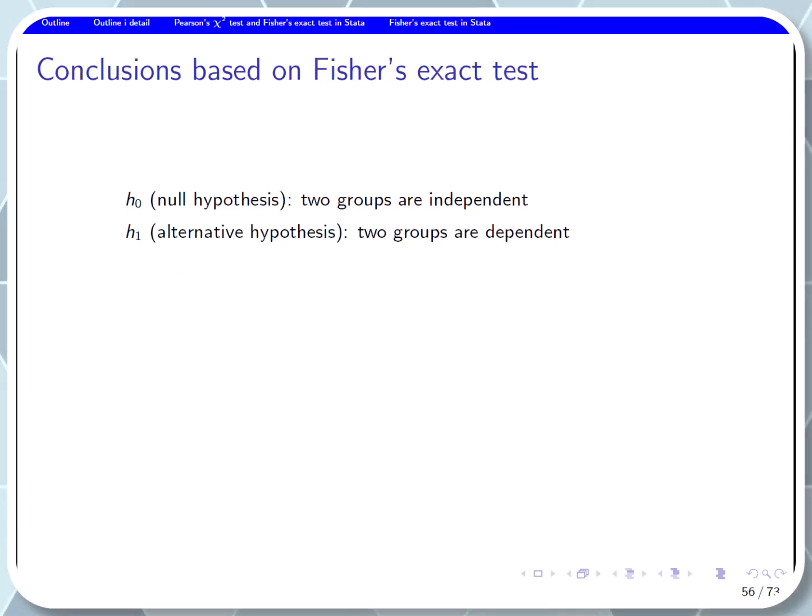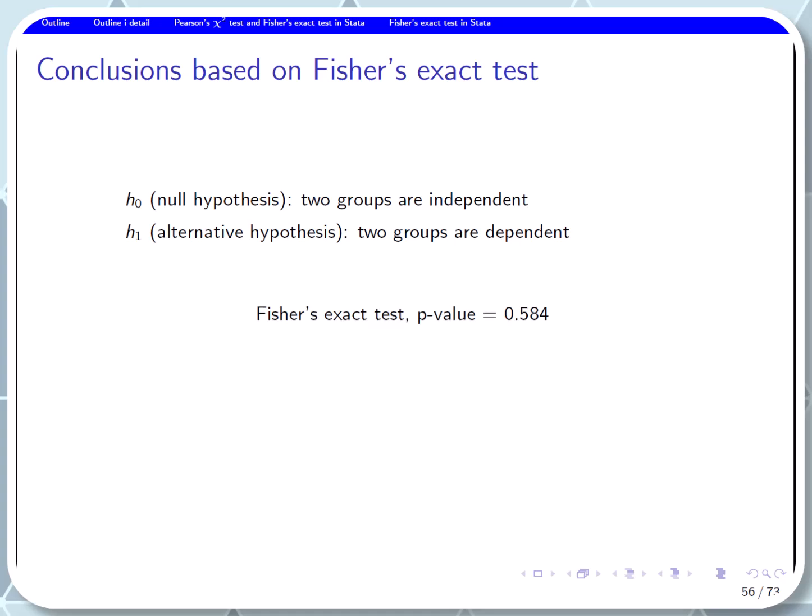Conclusion based on Fisher's exact test. The null hypothesis: two groups are independent, or proportions of influenza are the same between the vaccine group and the placebo group. Alternative hypothesis: two groups are dependent, or proportions of influenza are different between the vaccine group and the placebo group.